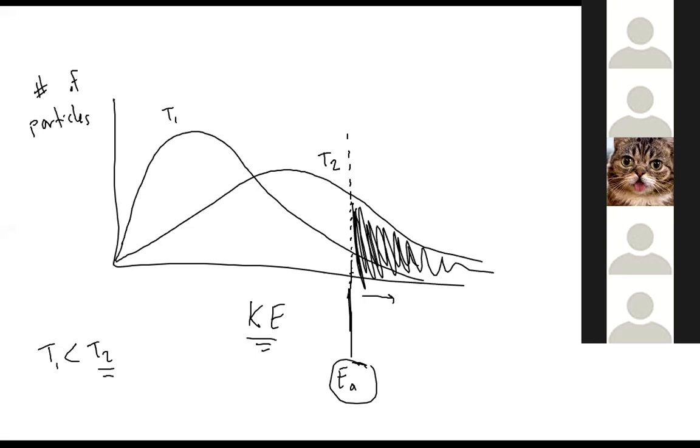Let's see, Mr. Roberts, can you tell me what a catalyst would do to this graph? How would the presence of a catalyst change this graph? What would I have to shift or change about the graph if I had a catalyst present? Would it shift that activation energy to the left so that more would meet the threshold? Excellent job.